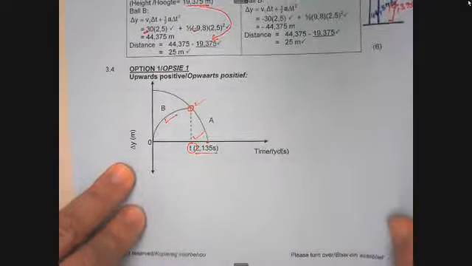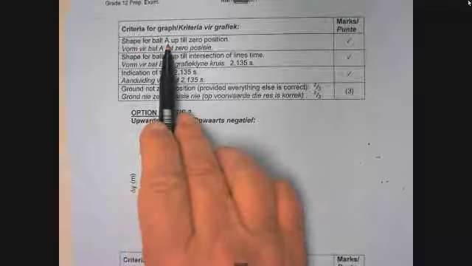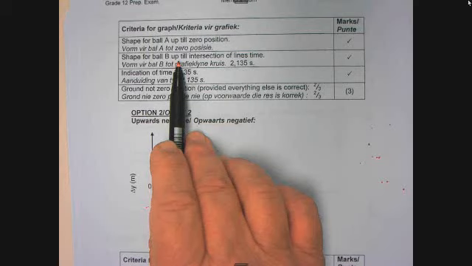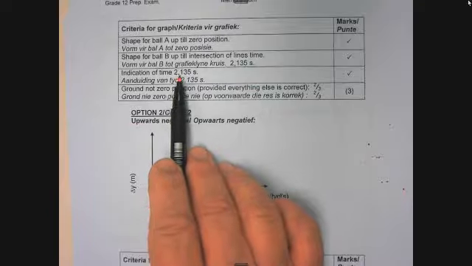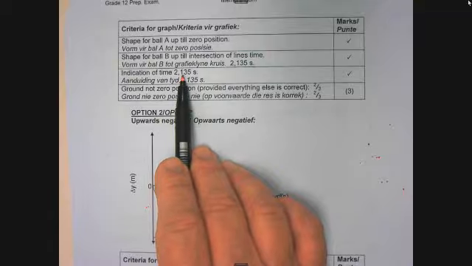If you go to the rubric, you will see the rubric indicates 1 mark for the shape of the graph of ball A, the shape of the graph of ball B, and then the indication of that time of 2,135 seconds at the time of the intersection of the two balls moving past each other.